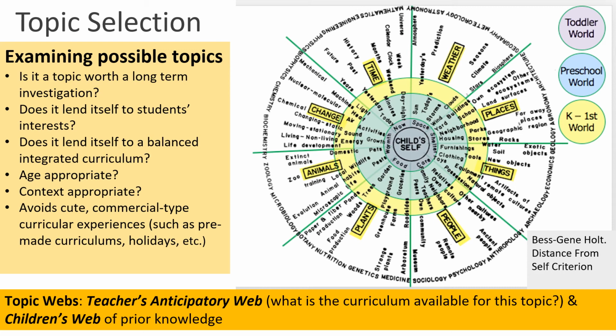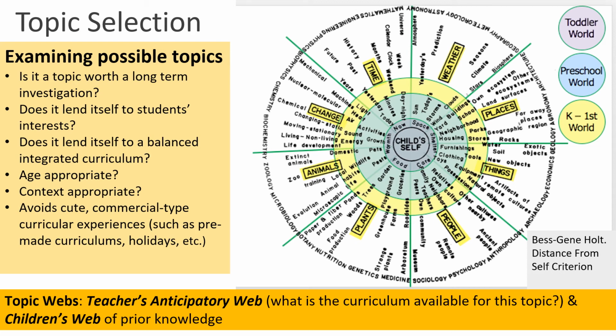So when we look at the distance from self diagram, it can be helpful. It is not all inclusive. Every possible project topic is not listed on this wheel, but we can use it as a helpful tool to discern what we would pick.